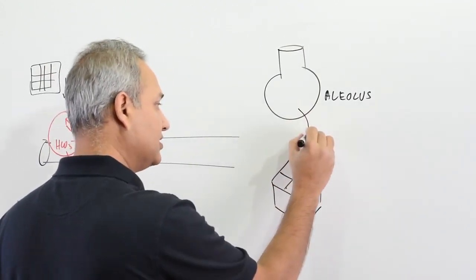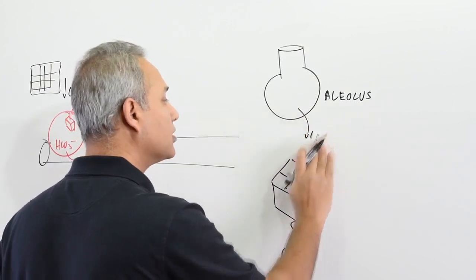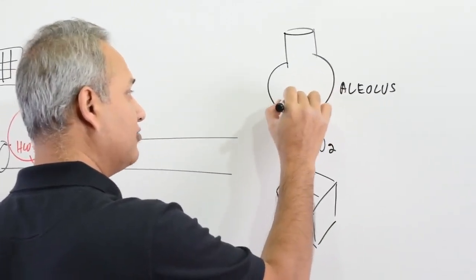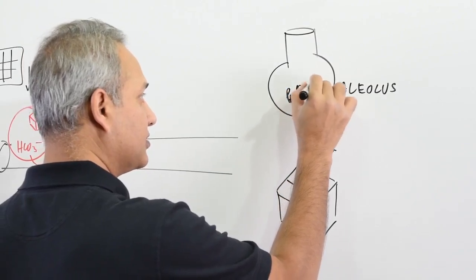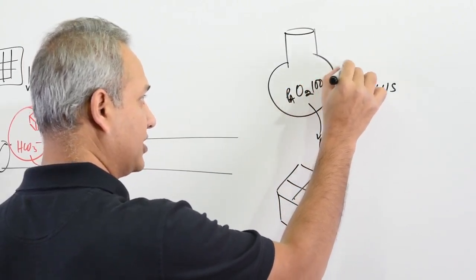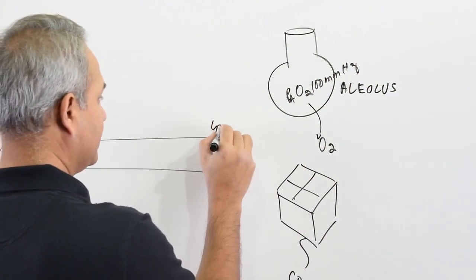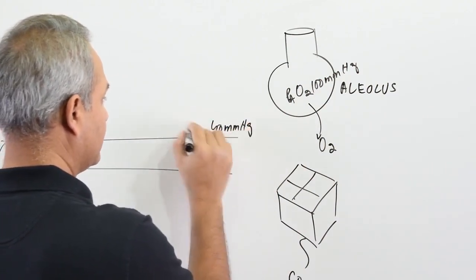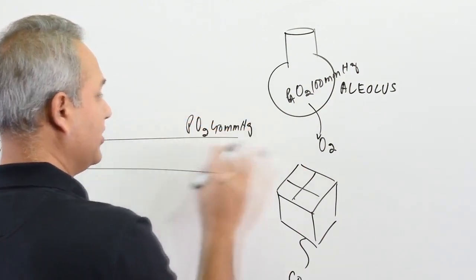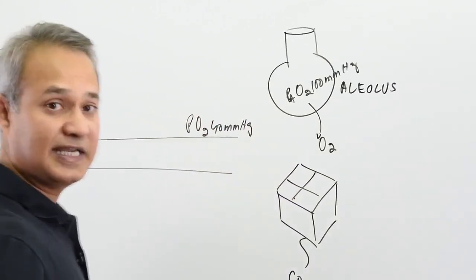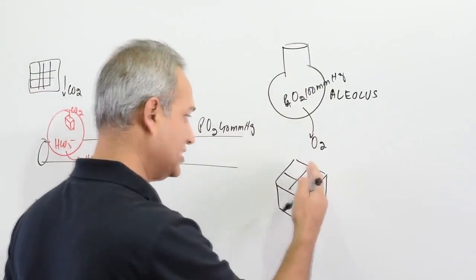When oxygen comes in, because oxygen pressure is very high over here, 100 millimeter of mercury, and PO2 in the venous blood was 40, there is a 60 millimeter of mercury gap. With that gap, oxygen comes in.